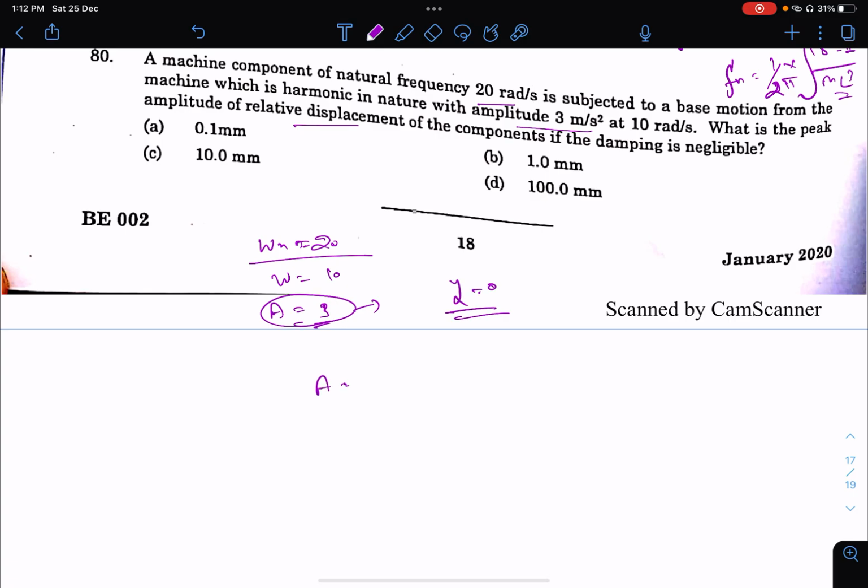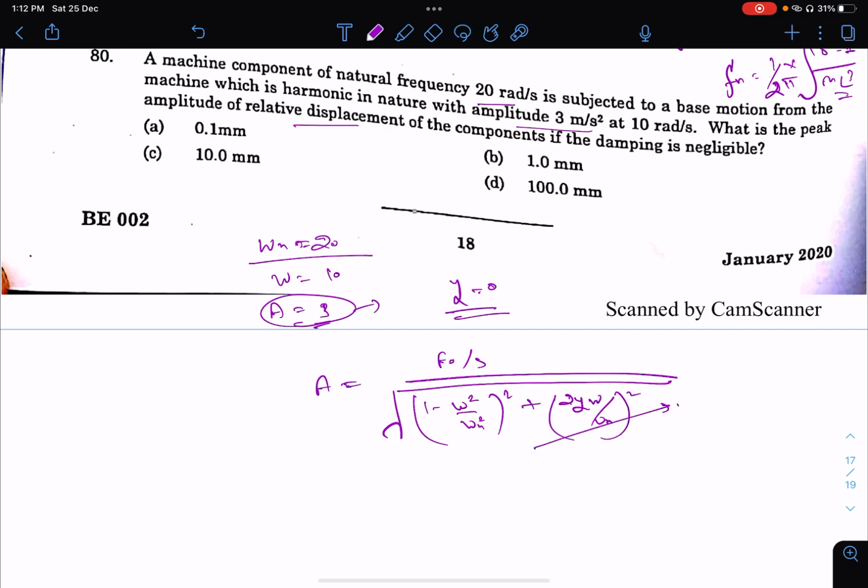So the amplitude formula I know, F naught divided by s upon root of 1 minus omega square divided by omega n square, plus 2 zeta omega by omega n whole square. Since zeta is equal to 0, this will become 0. A max, amplitude is given 3, that is small a I will write.